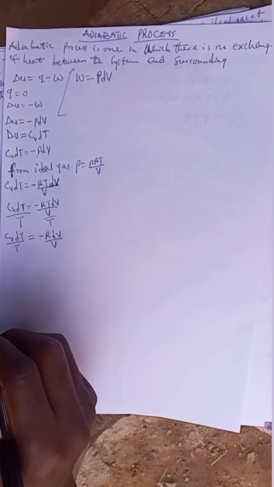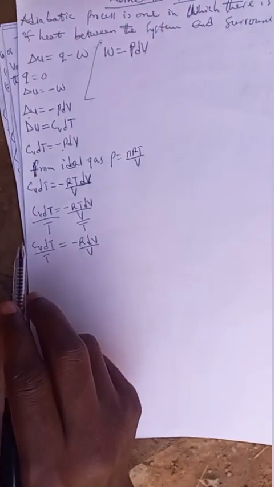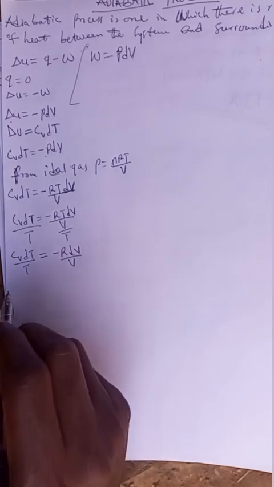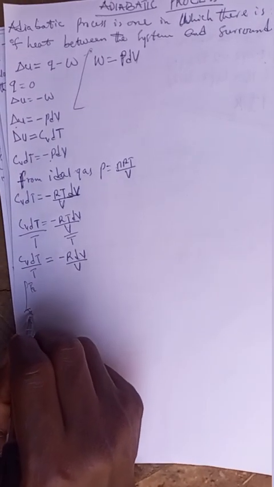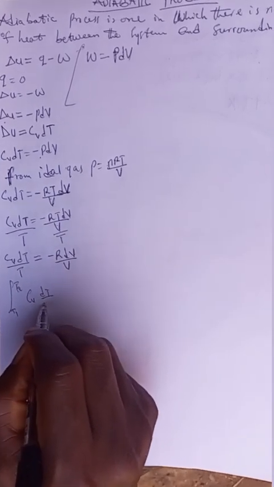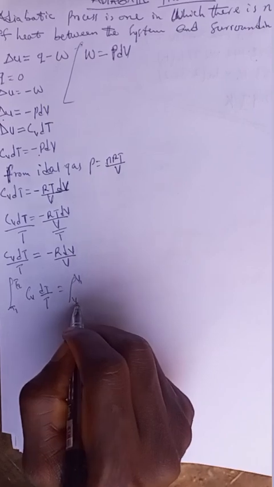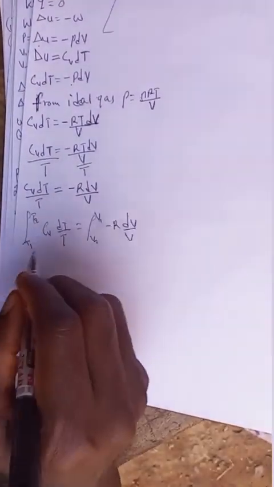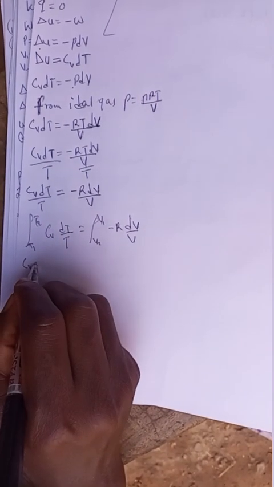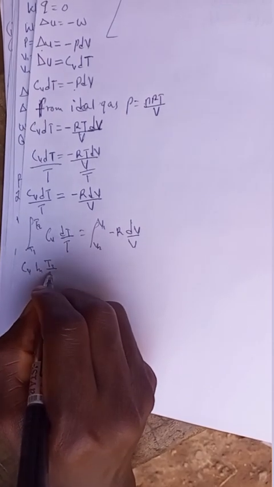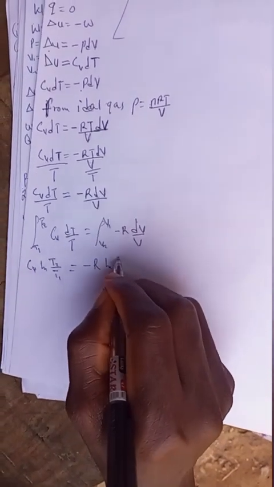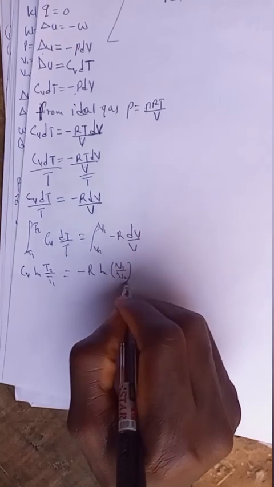So now we can integrate this one, with respect to the integral from T1 to T2, then this one the integral from V1 to V2. The integral from T1 to T2 of CV dT over T is equal to the integral from V1 to V2 of minus R dV over V. So if we cancel the integral, that will now be CV ln T2 over T1 is equal to minus R ln V1 over V2.